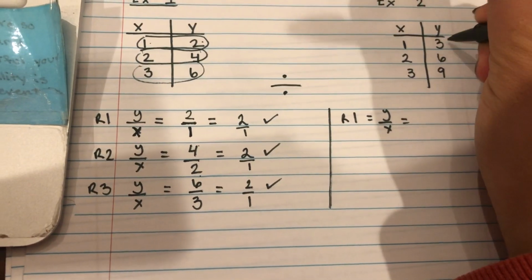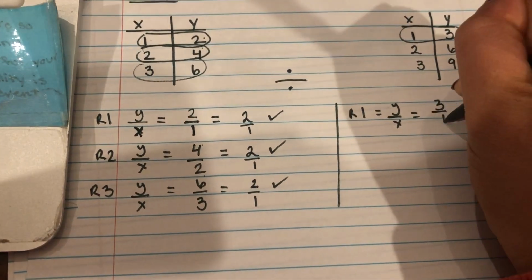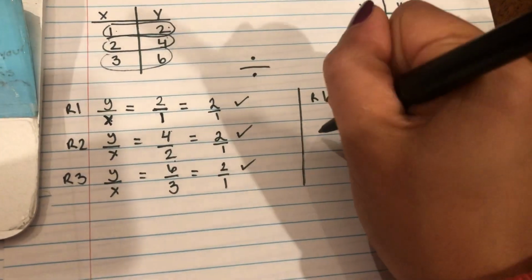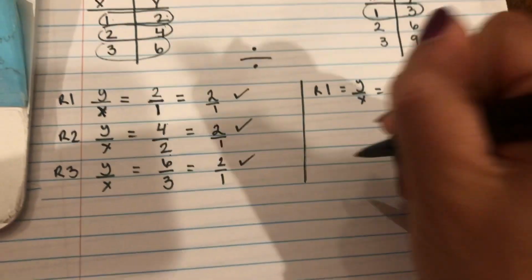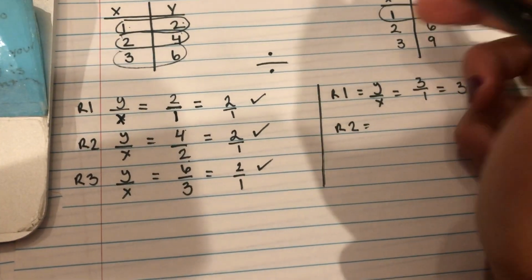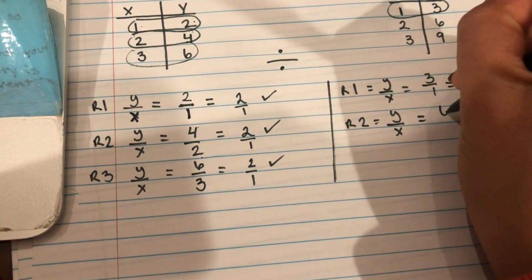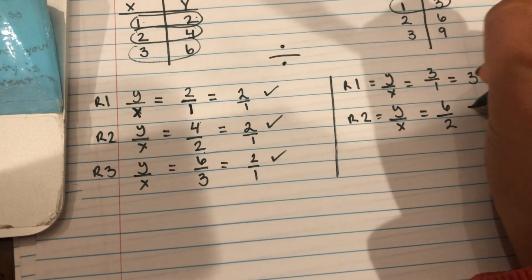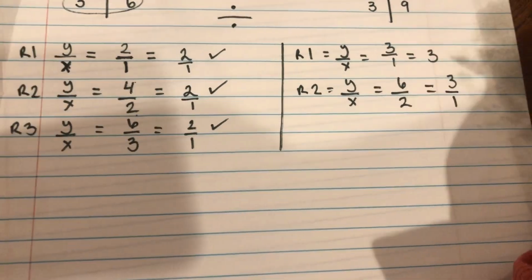Here we go again, I have 3 over 1, and 3 over 1 just equals 3. Ratio 2, we have y over x equals 6 over 2. 6 divided by 2 gives me also 3, or 3 over 1.